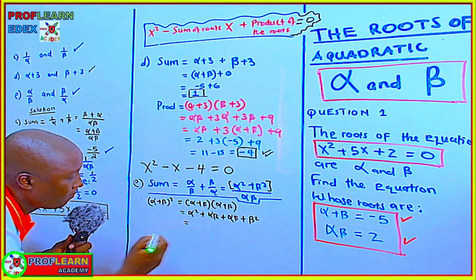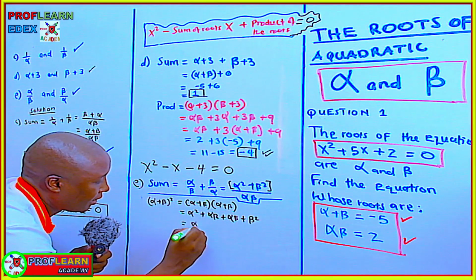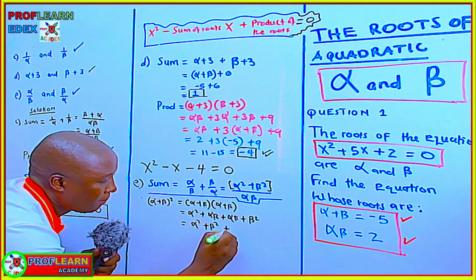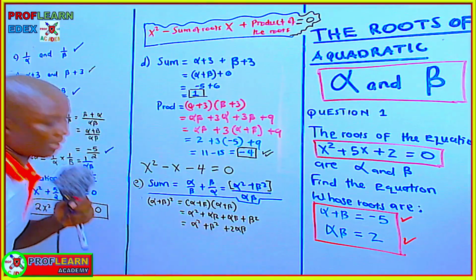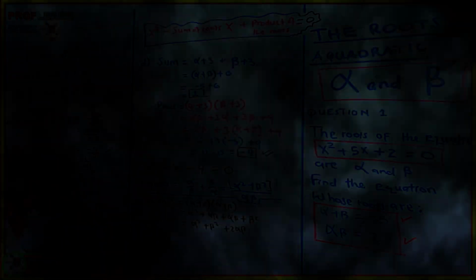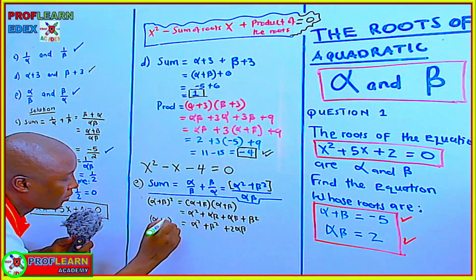So you can see alpha squared appearing somewhere, beta squared appearing somewhere, plus 2 alpha beta. And this is alpha squared plus beta squared.